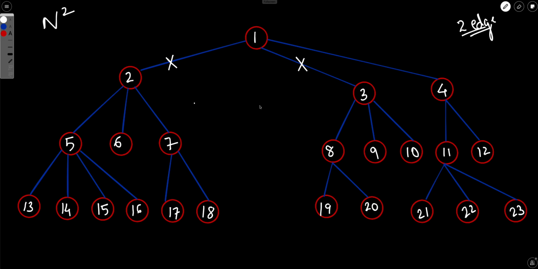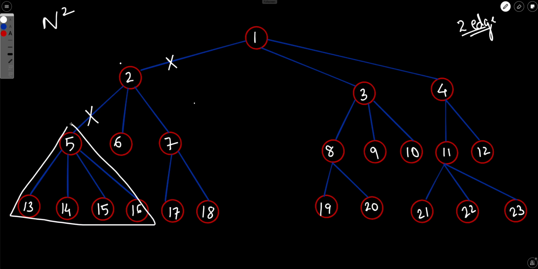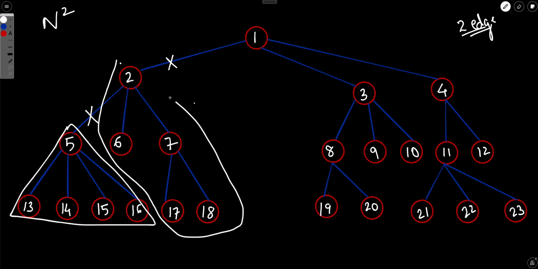Now this is one configuration. There can be other configurations as well. For example, let's say you remove these two nodes. Okay, so if you remove these two nodes, the first component would be this, the second component would be this, and the third component is this entire piece.